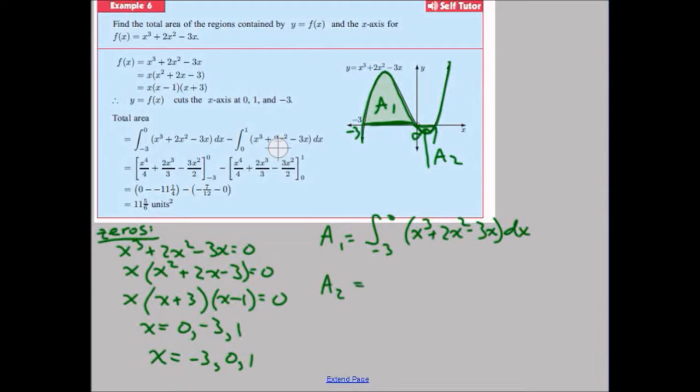Area 2 is going to be, it's underneath the x-axis, so it's negative, 0 to 1 of the same function. So the total area will be those two things added together, which is what they've done here. And you can go ahead. I won't go through all the entire steps, but we know how to do that algebra.